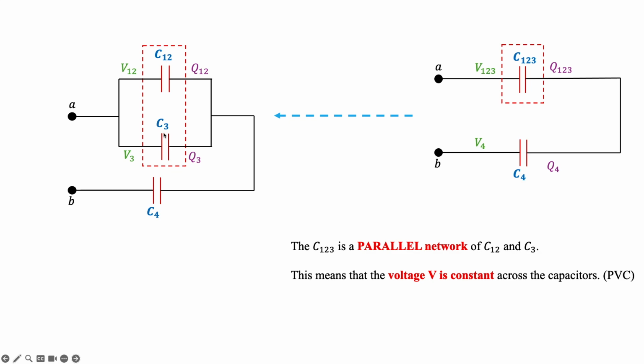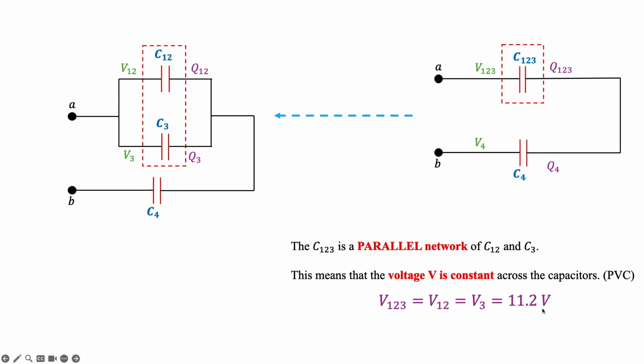Previously, your C123 has a voltage of V123, which we solved earlier as 11.2 volts. Since this combination is just a parallel network of C12 and C3, the voltage at capacitor 12 and the voltage at capacitor 3, V3, should be the same value, 11.2. So that's the implication of that one.